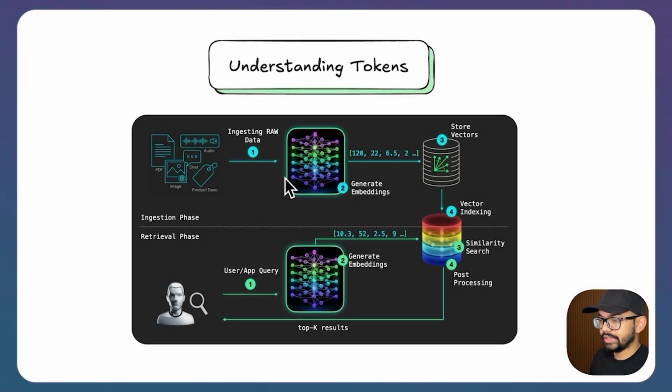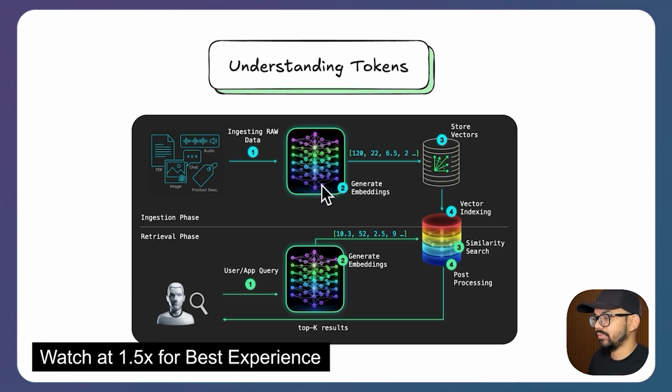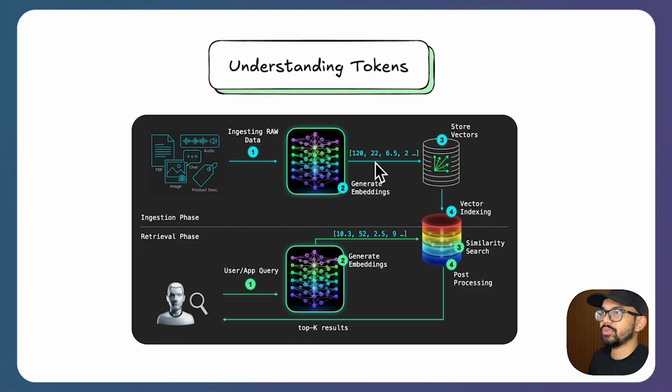Earlier in this vector database pipeline, we understood that the embedding model is responsible for generating vector embeddings. We ingest this raw data and the embedding model generates the vector embeddings. But these embedding models don't understand this raw data at all, because it is in text format, or let's say audio or video format.